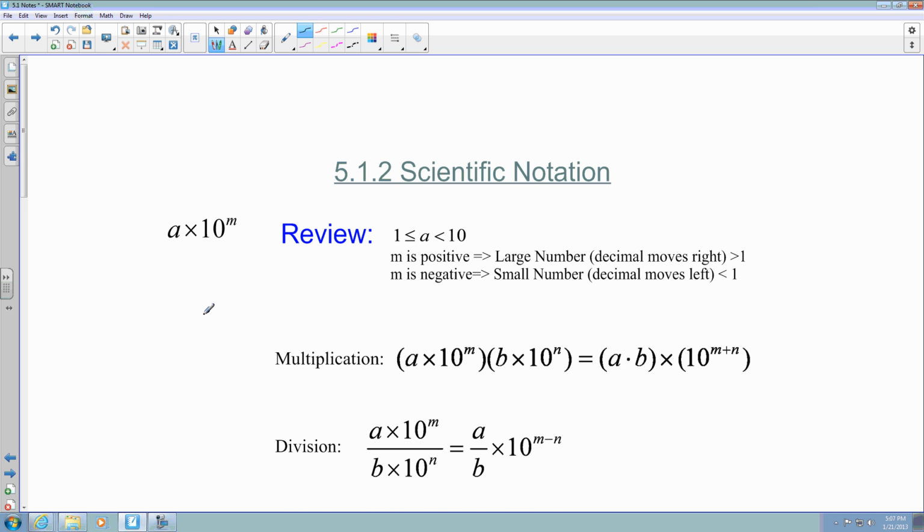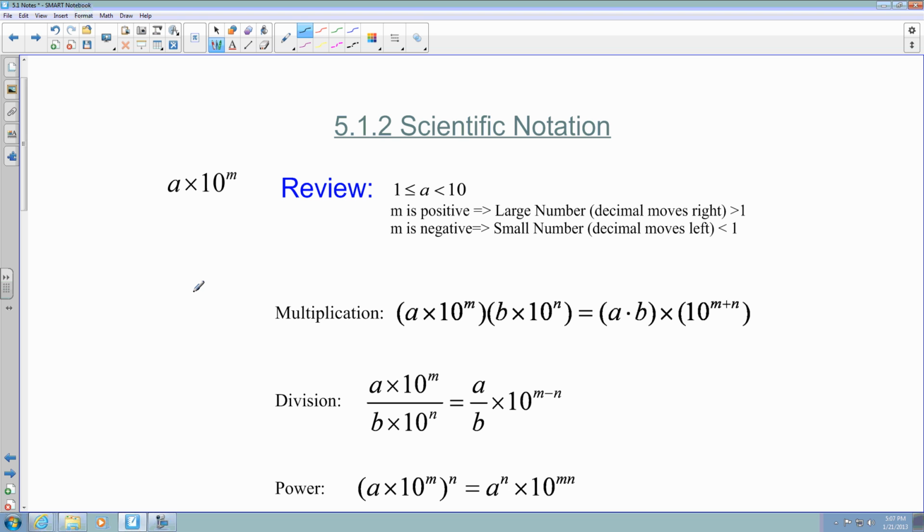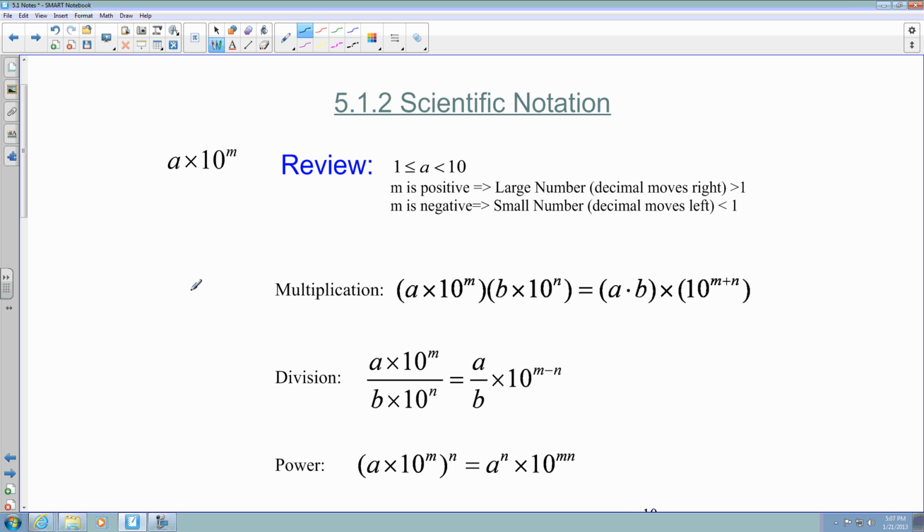Here's a quick review on scientific notation. Scientific notation is represented generally by a times 10 to the nth power. A must be greater than or equal to 1, but it must be less than 10.